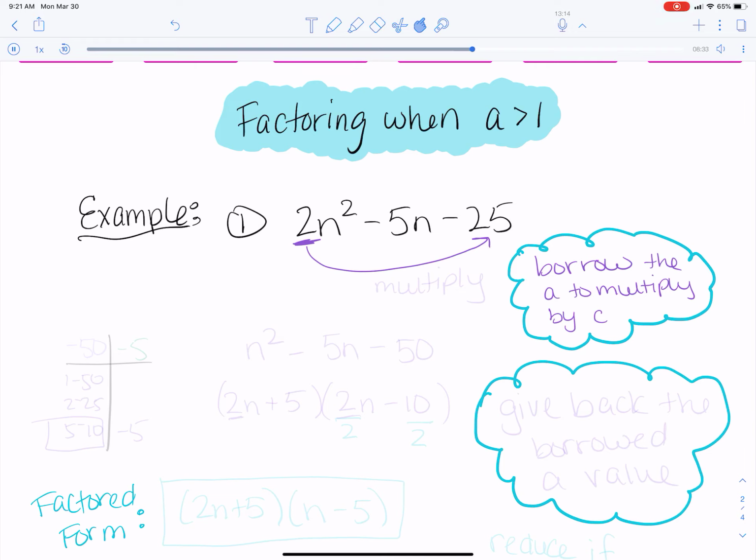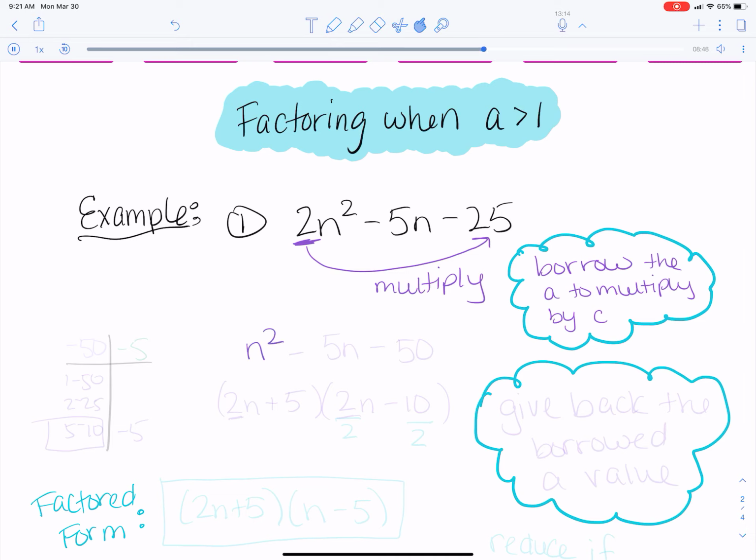I'm going to multiply it with my c. So I'm taking my a and multiplying it with my c, and I'm borrowing it for the time being. Then we're going to rewrite the new trinomial.